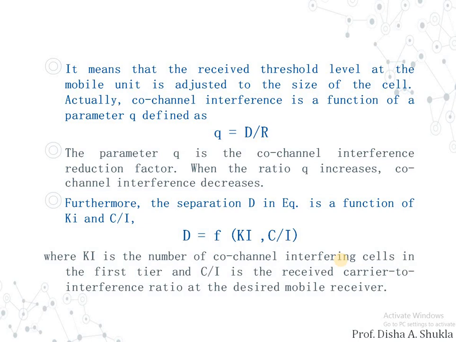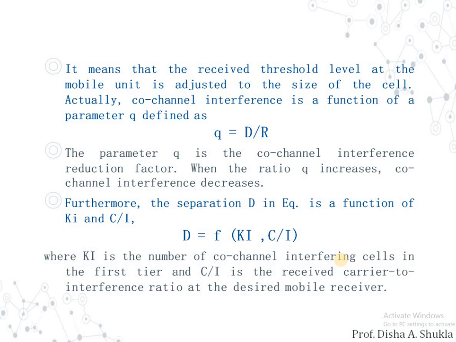Now actually co-channel interference is a function of parameter Q, that is defined as Q is equal to D by R. Co-channel interference is defined by a parameter known as Q, and that is a function of D and R, that is D by R. Here the parameter Q is the co-channel interference reduction factor, that is the factor that we are calculating.